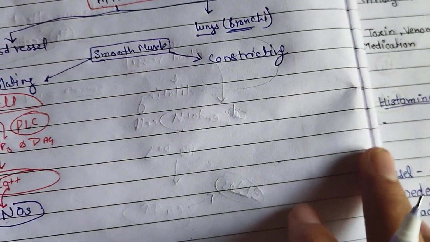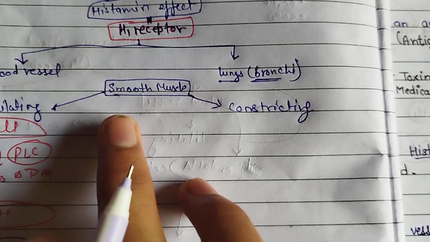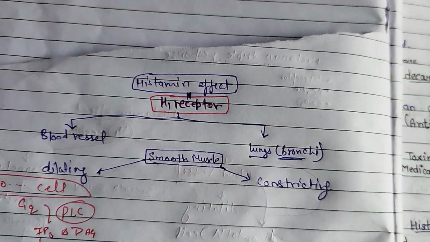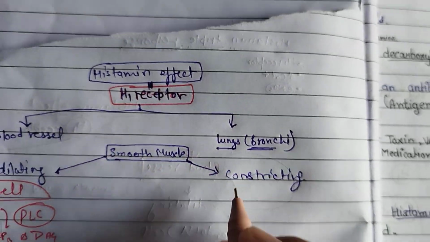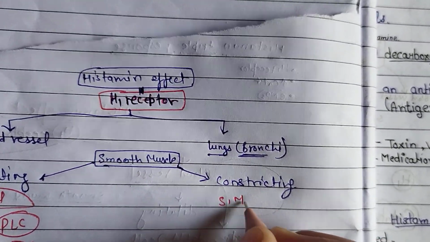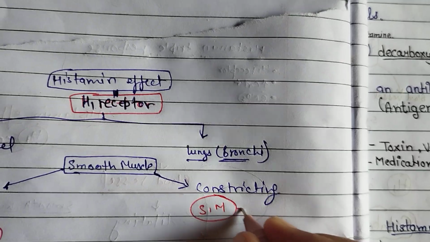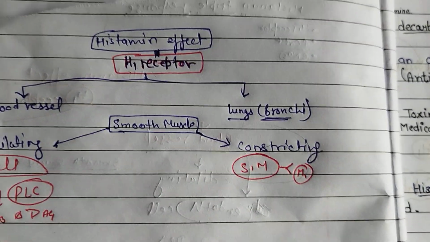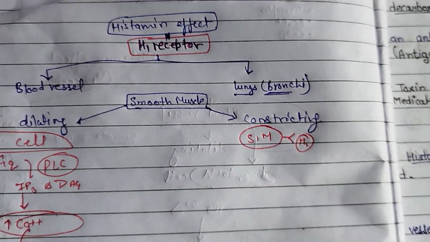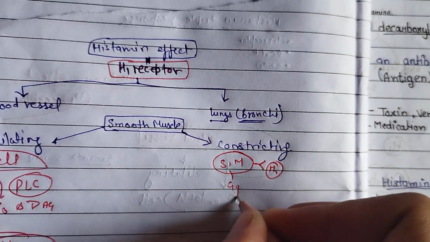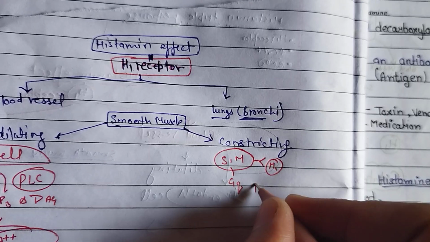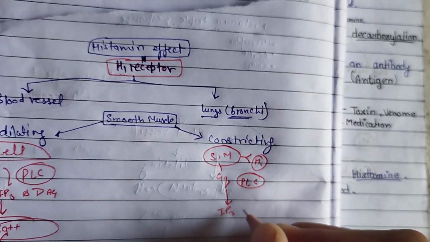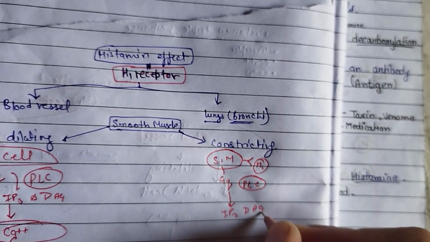Now in the case of lungs, the smooth muscles are constricting. Why? Here the H1 receptor is directly present on smooth muscle. The histamine is acting directly here, and it acts through Gq, followed by PLC, phospholipase C, and then IP3 and DAG.